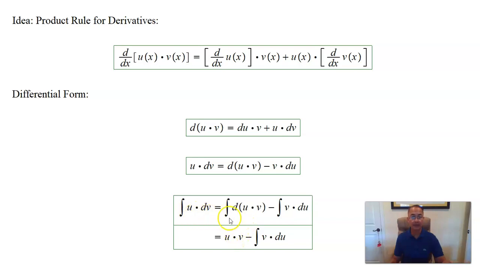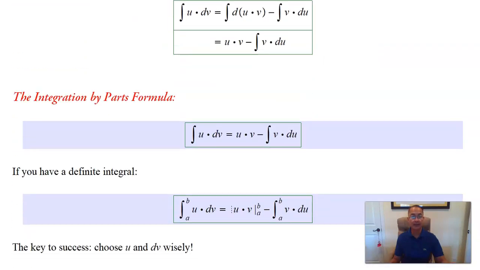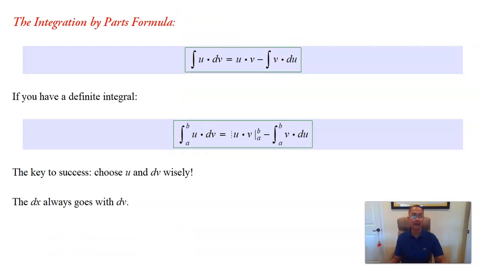So we get on the right side this equation: the integral of u times dv is u times v minus the integral of v times du. That gives us the integration by parts formula. If you have limits, a definite integral from a to b, you can simply evaluate u times v at b and a and subtract as usual, and then subtract the integral from a to b of v times du.